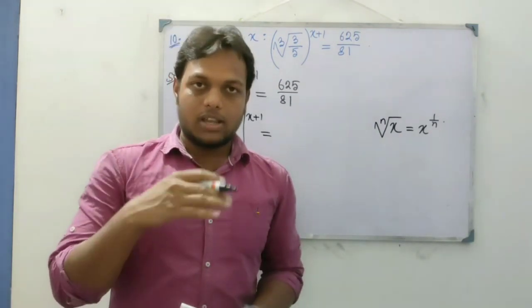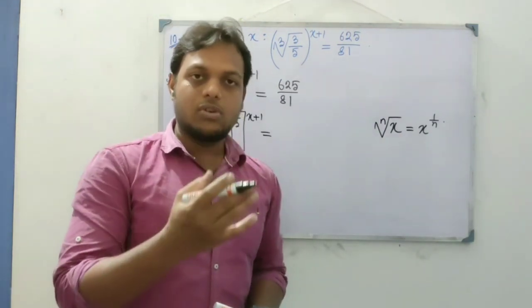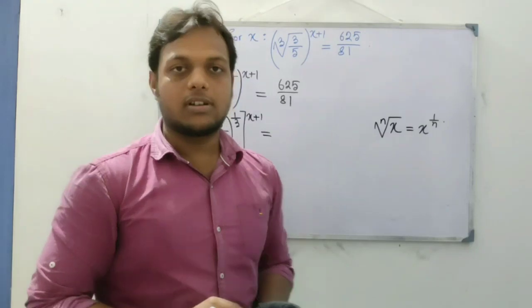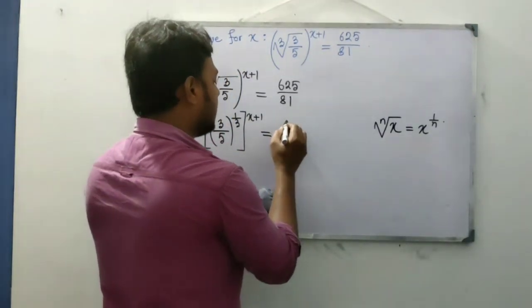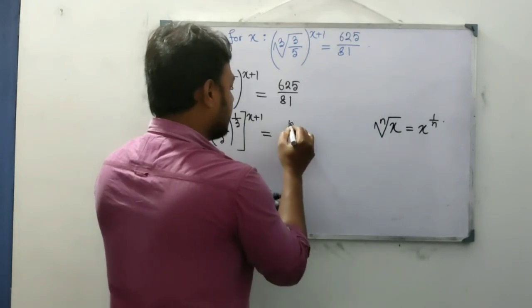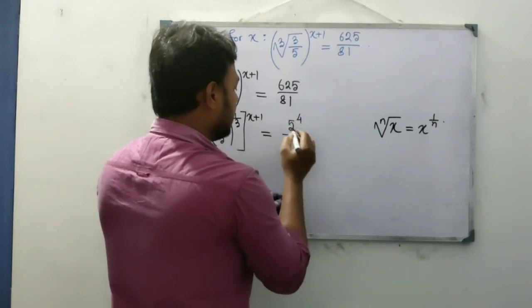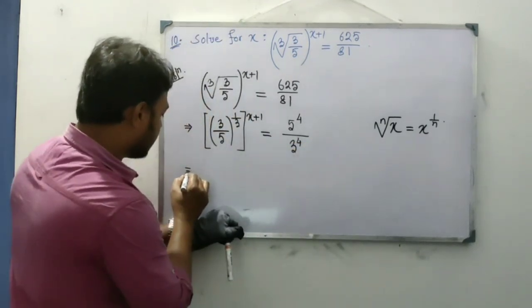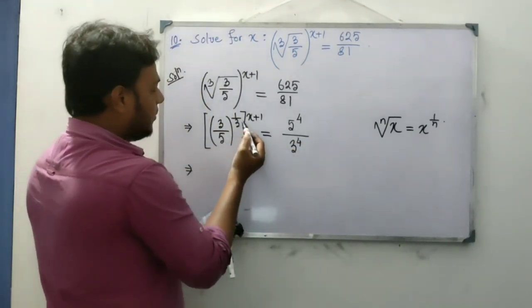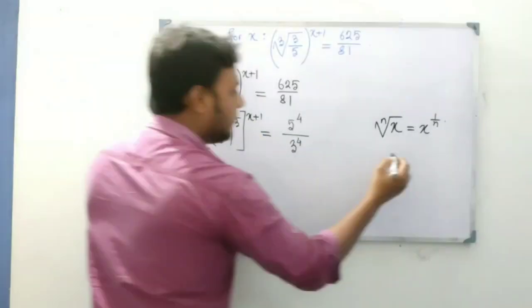Try to express 625 in the form of an exponent. If we write 625 in the form of an exponent, it will be 5 to the power 4, and the denominator will be 3 to the power 4. Now we can multiply these powers.